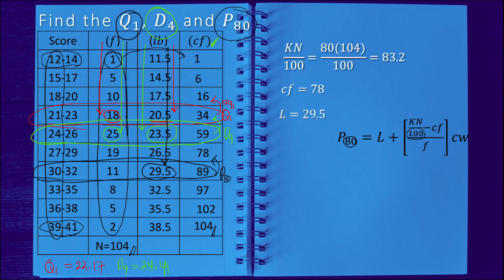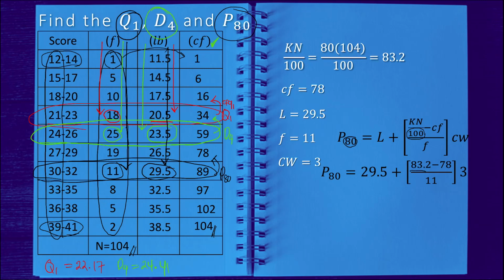The frequency, that is 11. And the CW is 3. Yan. After po natin yan ma-identify lahat, i-substitute na po natin dito sa formula na meron tayo. That is 29.5 plus the quantity of 83.2 minus 78 all over 11 times 3.